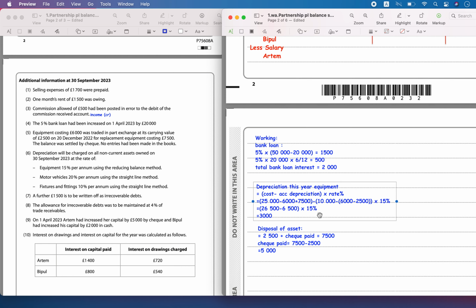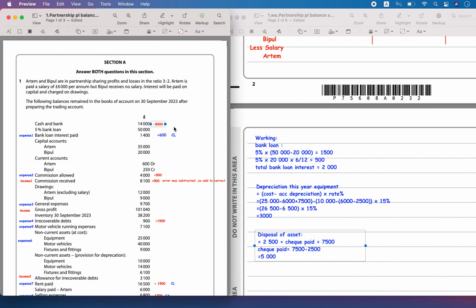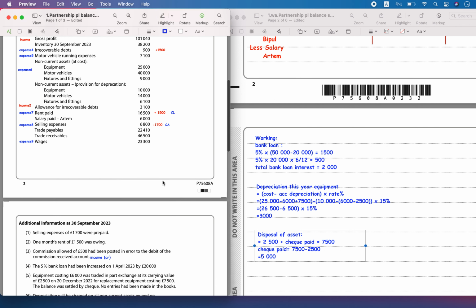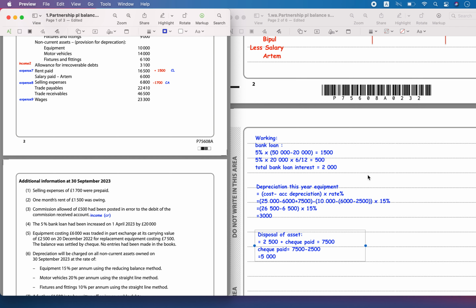So that is equal to 5,000 they paid. Now let's adjust this balance for the bank. So let's subtract 14,000 minus 5,000. So this cash and bank is going to appear in the financial statement. So we don't have to worry. Next one is, here there is no profit and loss because it was replaced by a new item. Okay, it was replaced by a new item which was costing 7,500.